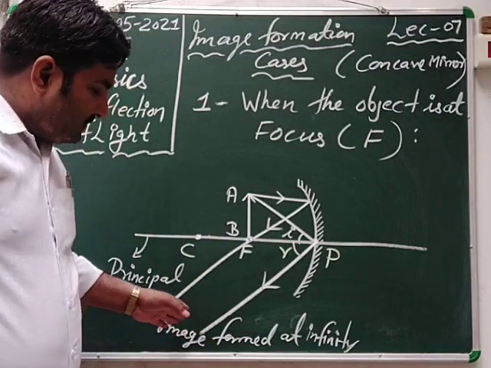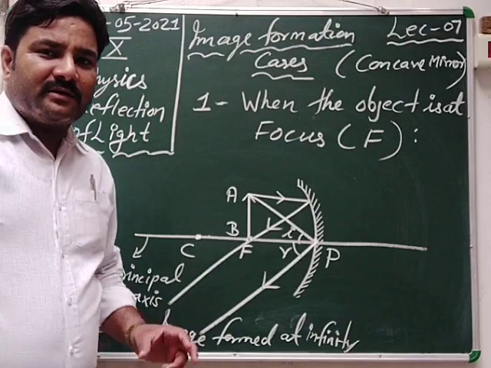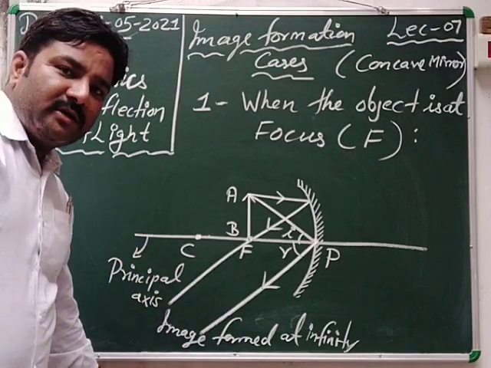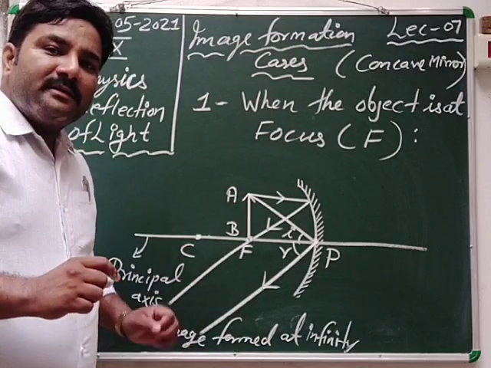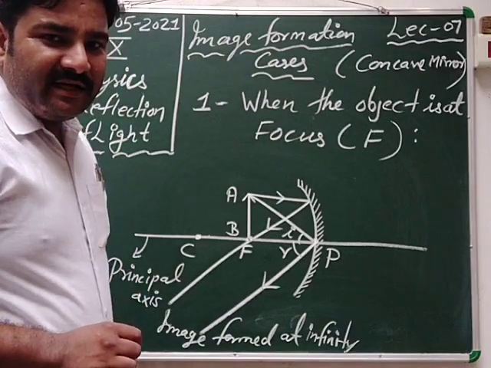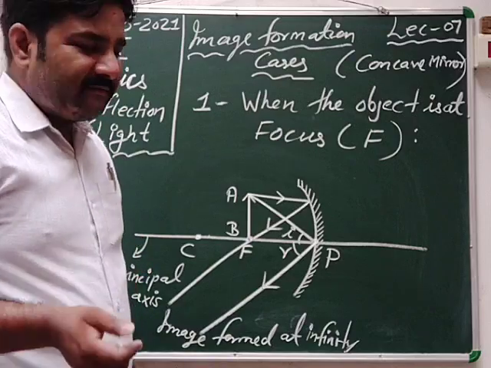Here the image lies at infinity, it means when we draw a perpendicular from the principal axis to the vertex of the image, just like this one, then the size of the image will be obtained too large. It means the image size is highly magnified.